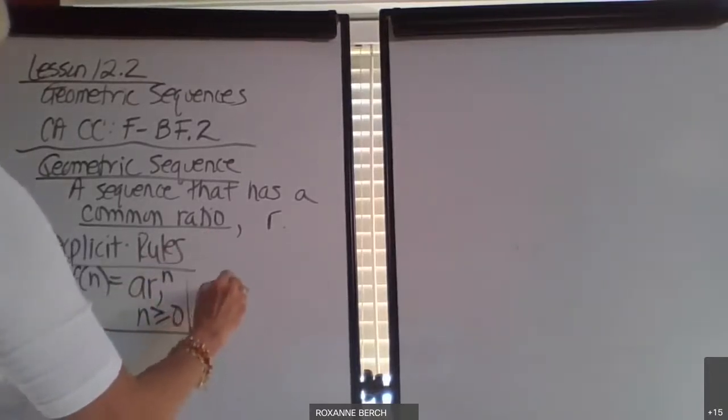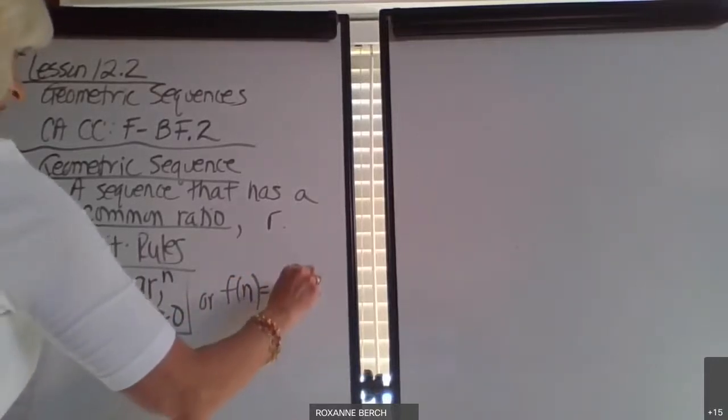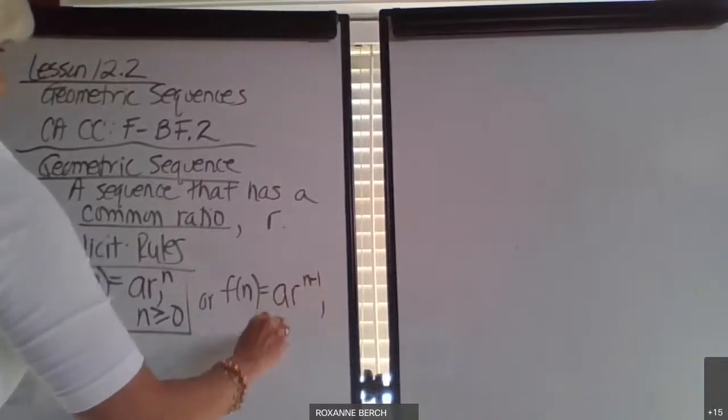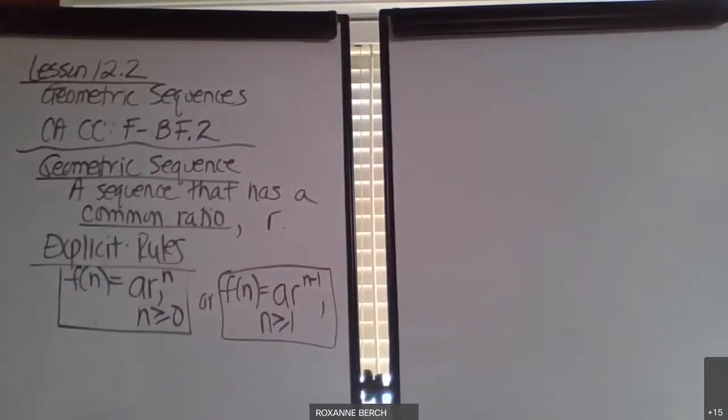And the other one is f of n is equal to a times r to the n minus 1, where the starting position is 1. n is the position number, and r is the common ratio.